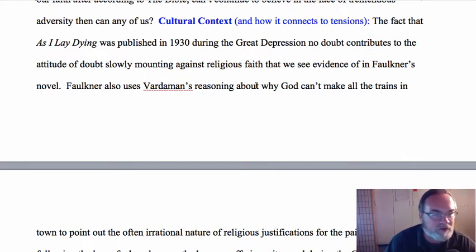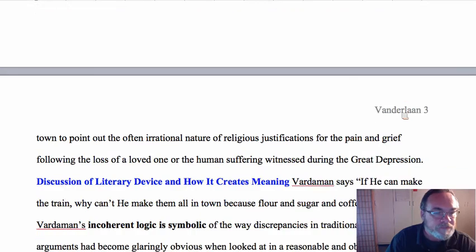It contributes to this attitude of doubt and religious faith. Again, not just a random cultural context, not just something that happened at the time, but something that has a related meaning to the tension. In this case, he chose an event, but he could have chosen an idea, a value, a practice, a belief, lots of ways to do context.